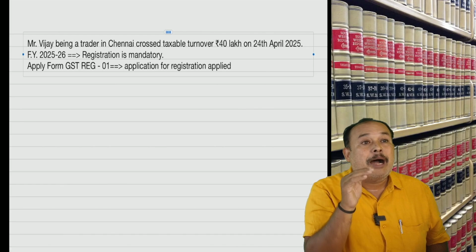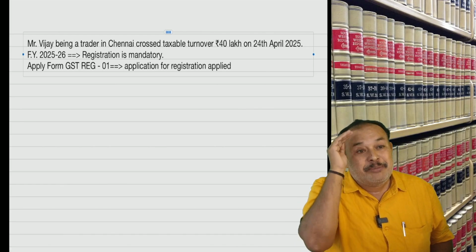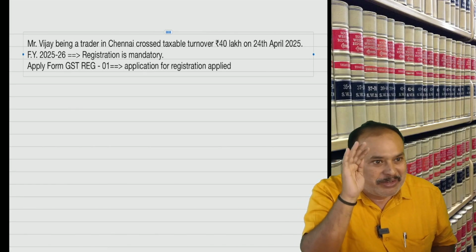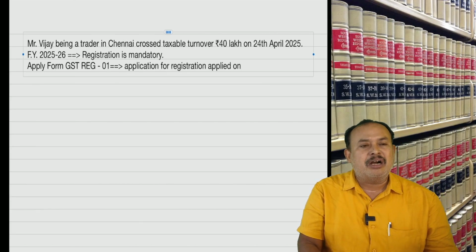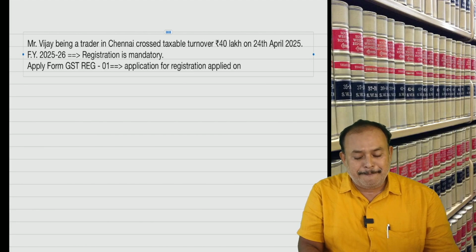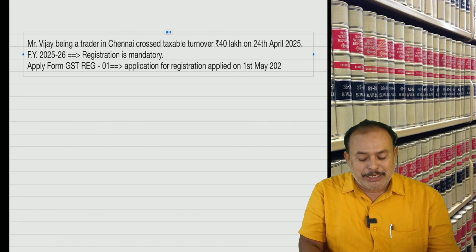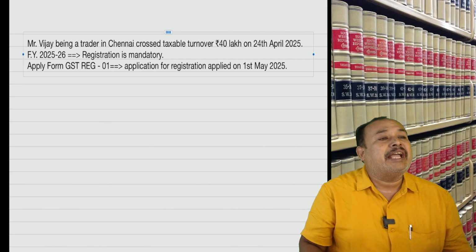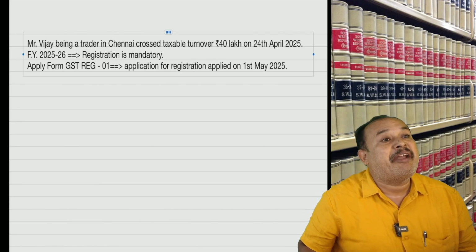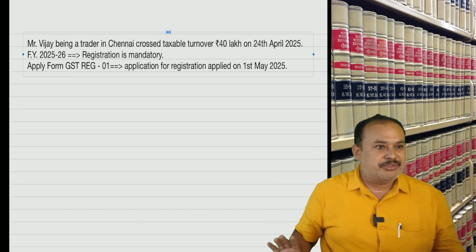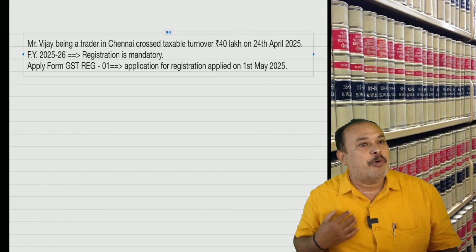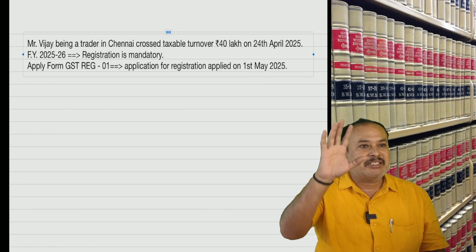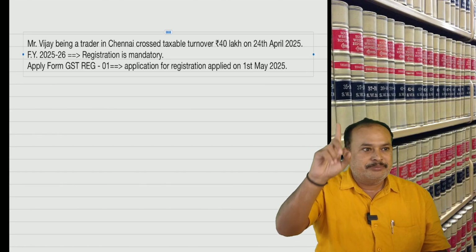Up to 25th May he has time to go for registration, correct? And now, let us say he applied for registration on 1st May 2025. Don't say it is a holiday, May Day. The GST network portal will work.